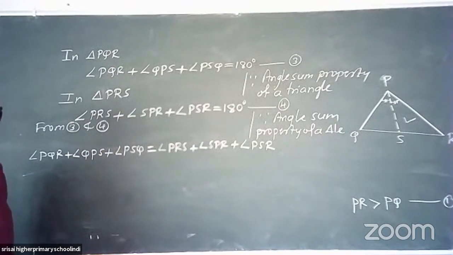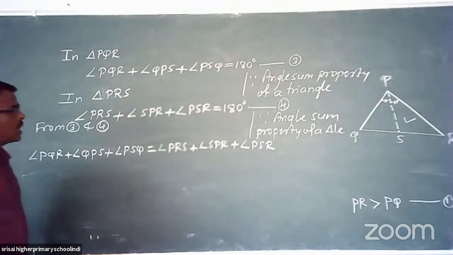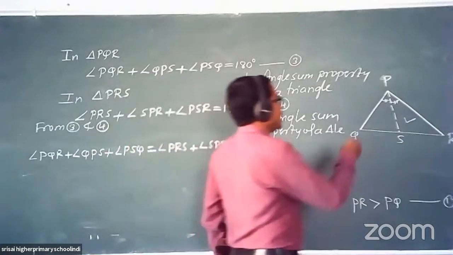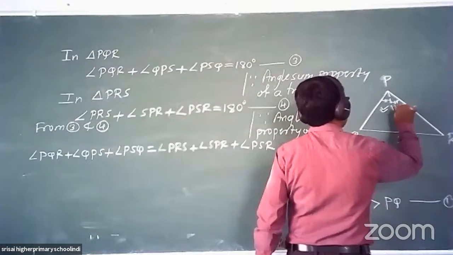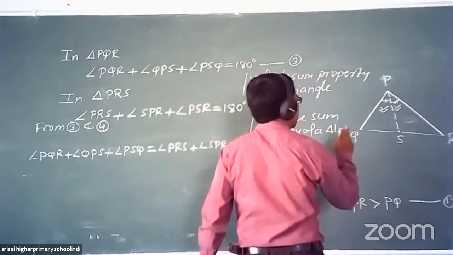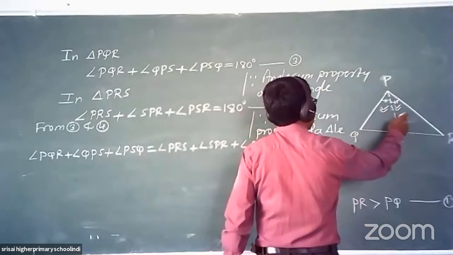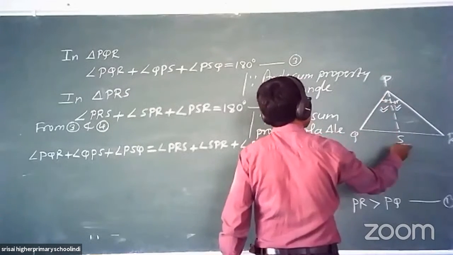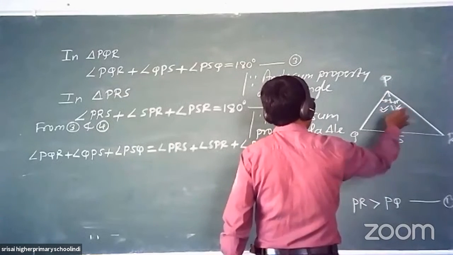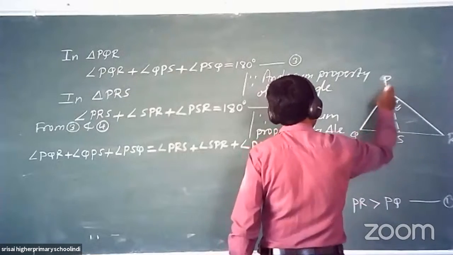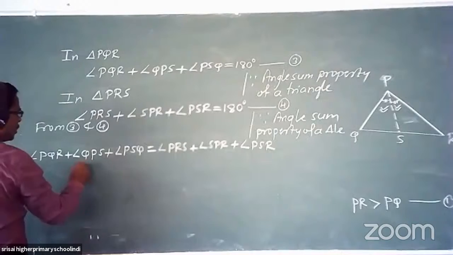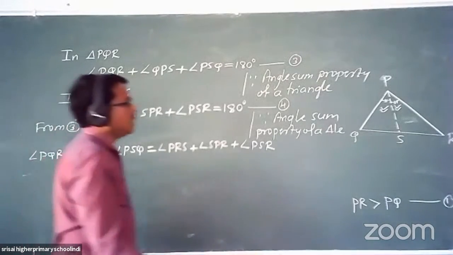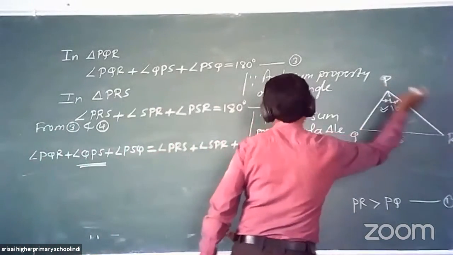Right hand sides are equal, so we equated the left hand sides. Now, in this, these two angles are equal. Why? Because PS is the angle bisector. These two means QPS and SPR. Where is QPS? Here.